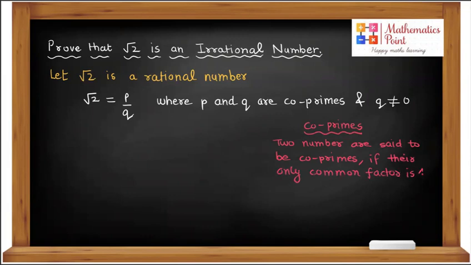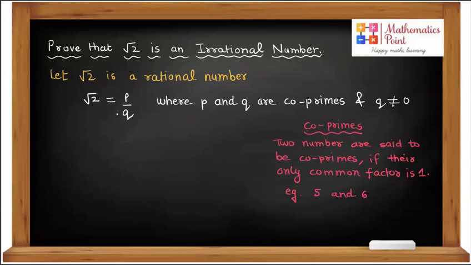I'm giving you an example. Say 5 and 6. 5 and 6 are co-prime numbers because both are divisible by only 1. 1 is the only common factor of 5 and 6. Now, as we said that P and Q are co-primes, it means the only common factor of P and Q will also be equal to 1. Right? So let us proceed further.